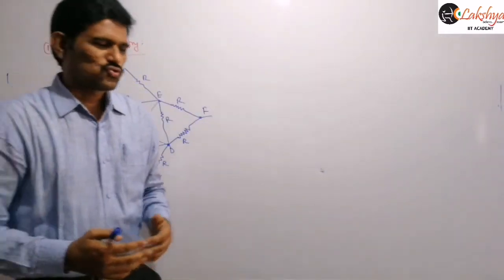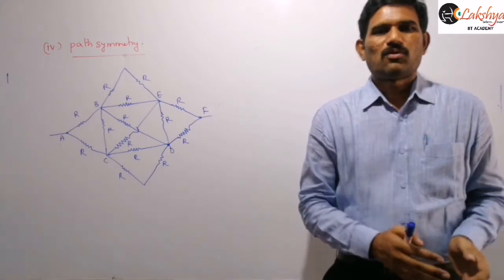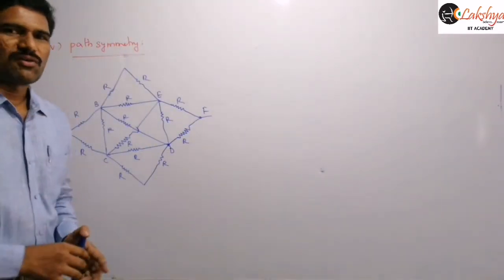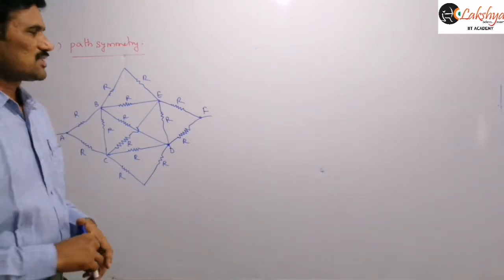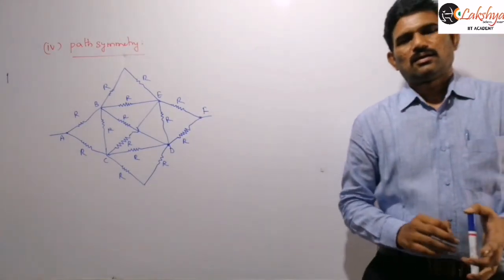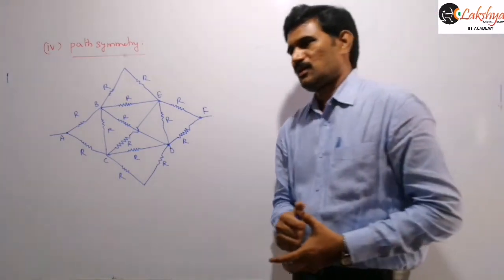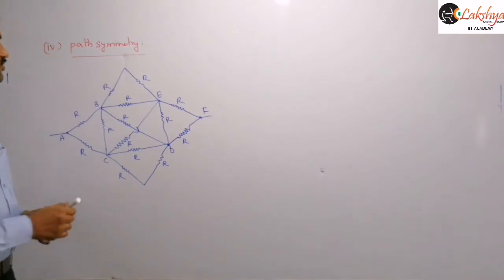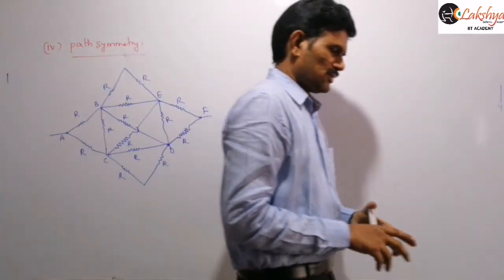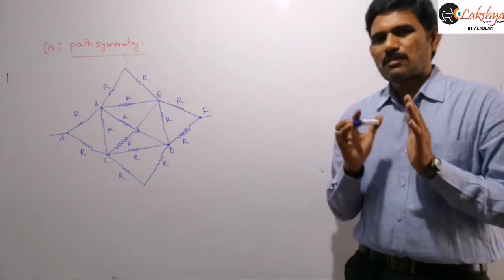When two or more paths from one point to another point have the same configuration of resistors, then those paths are said to be identical, and the same amount of current will flow through the identical paths. Right? So that is the path symmetry meaning here.